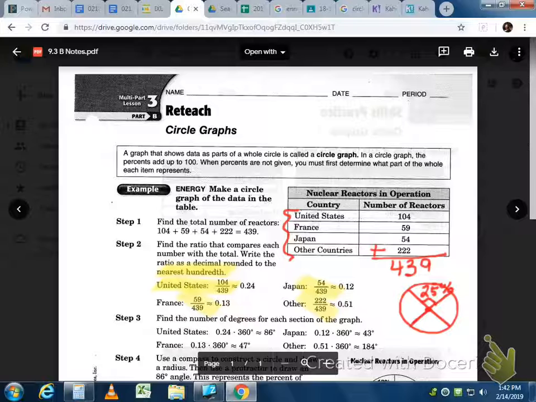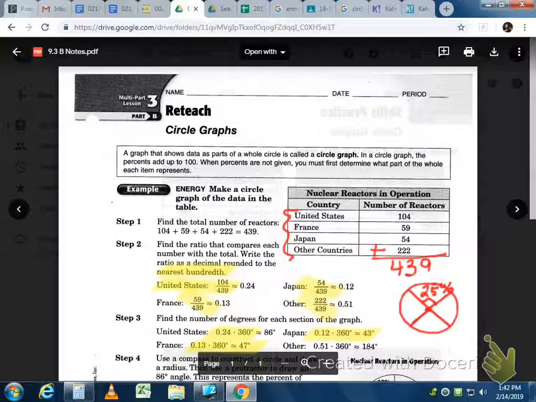If you look at United States, it's pretty close to 25%, isn't it? 24%. So doesn't it make sense that it's at 86 degrees? It's right under 90. Japan would be 12% or 0.12 of 360, 43 degrees. 13% is just going to be a little bit bigger.